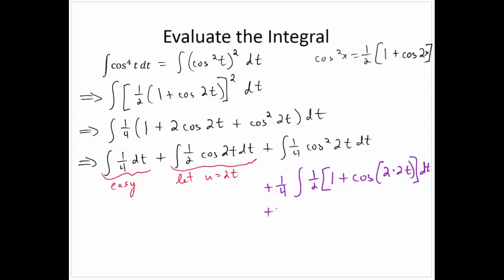That would be 1/8 times the integral of 1 plus cosine 4t dt. And now again I can use a u sub, let u equal 4t.